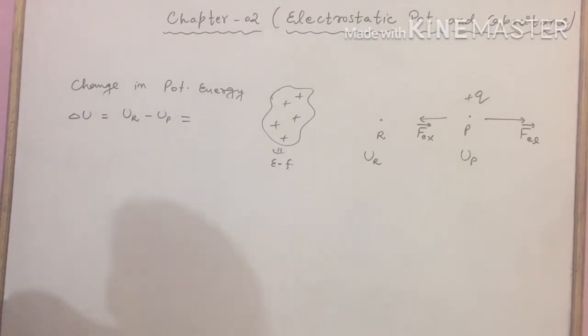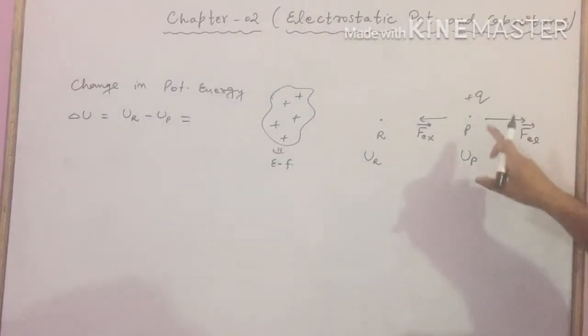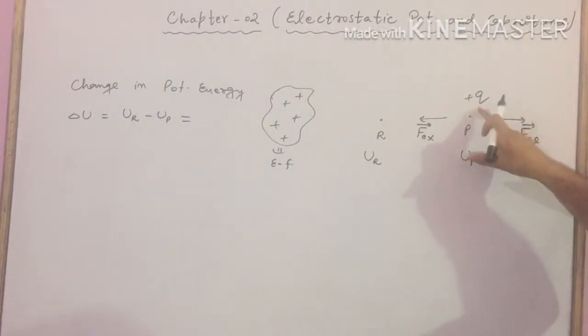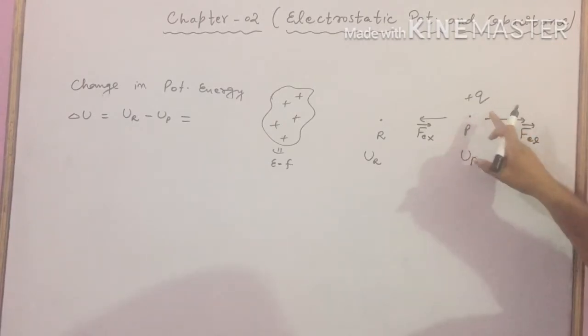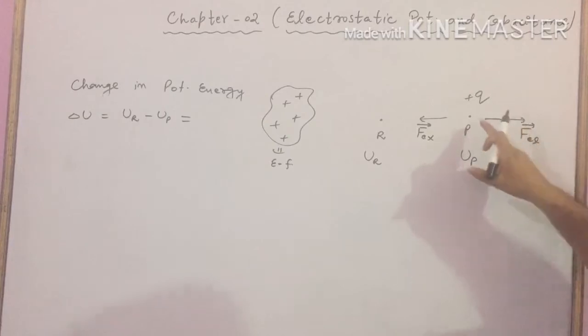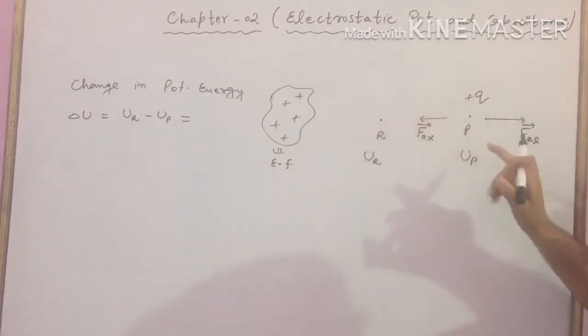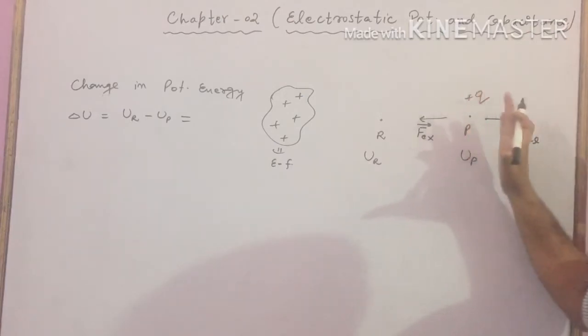Okay. Now, how much will be this change in potential energy? There is a repulsive force acting on this charge Q, which is repelling this charge in this direction due to this electrostatic force. So if I want to move this charge from point P to point R, I have to apply some force on it.